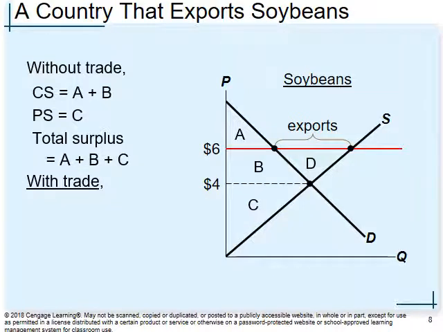Now we will see what will happen to these surpluses when international trade takes place. So the consumer surplus is now the area A as compared to A and B in the case where there was no trade. Why is it the case? Because once the market is open for international trade, the world price will also prevail in the local market.